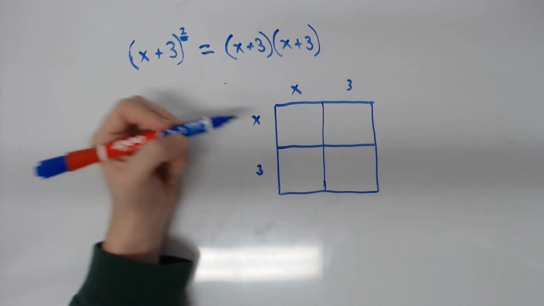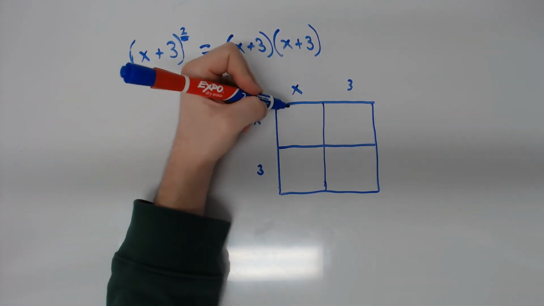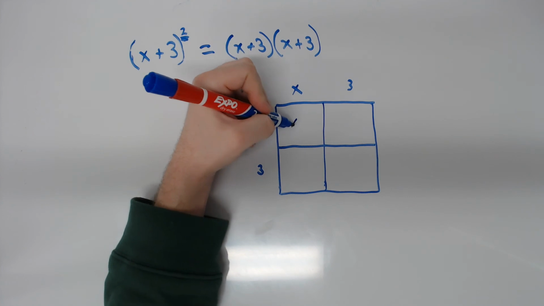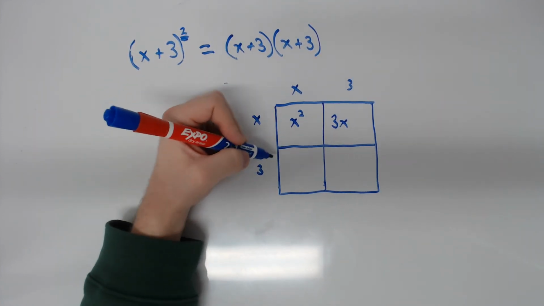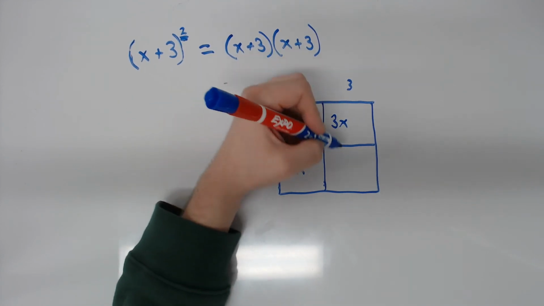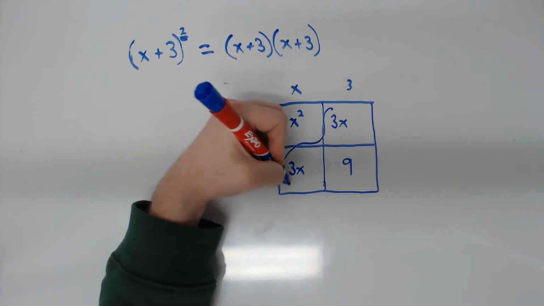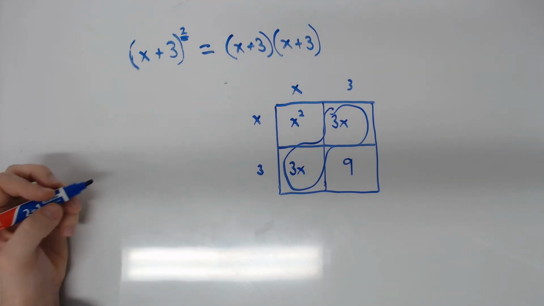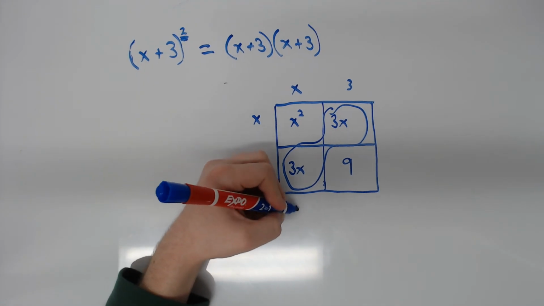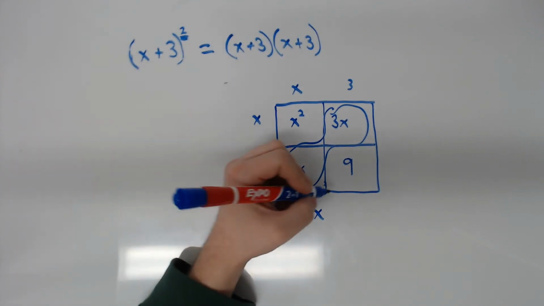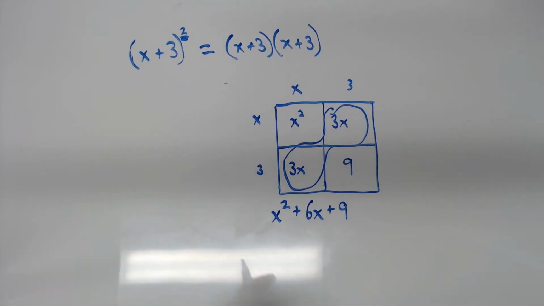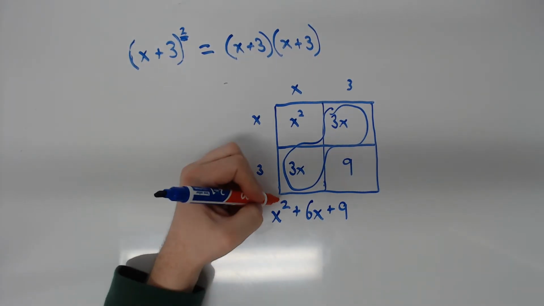Sorry, just trying to draw some connections for you. So this is going to be x times x is x squared. X times 3 is 3x. X times 3 is 3x. 3 times 3 is 9. Combine like terms, and we get x squared plus 3x and 3x makes 6x plus 9. So there's my answer.